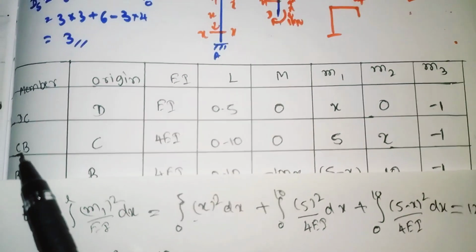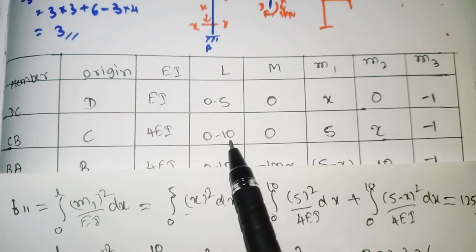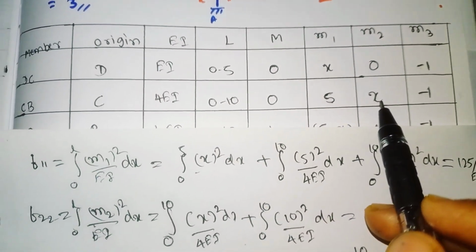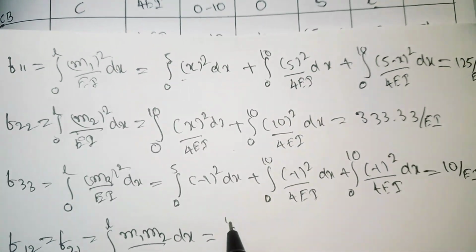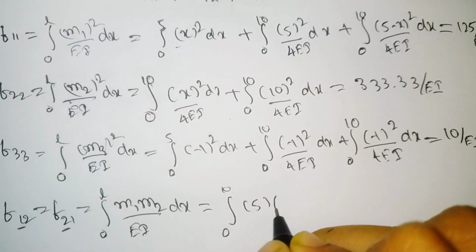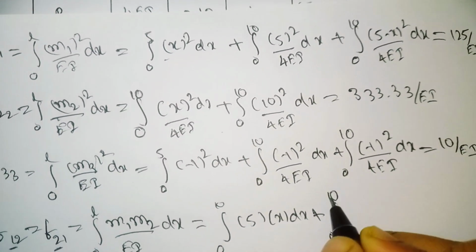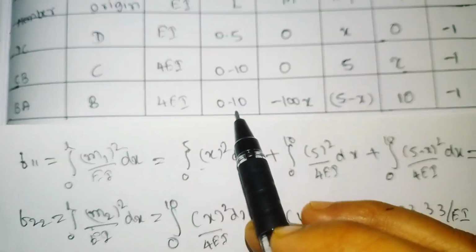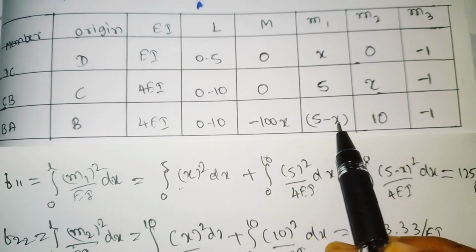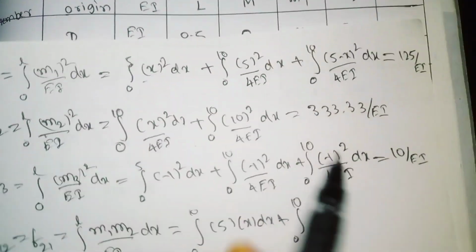Now for CB, we have the limit 0 to 10 and 5 into x, integration of 0 to 10 of 5 into x dx, plus integration of 0 to 10 of 5 minus x into 10.